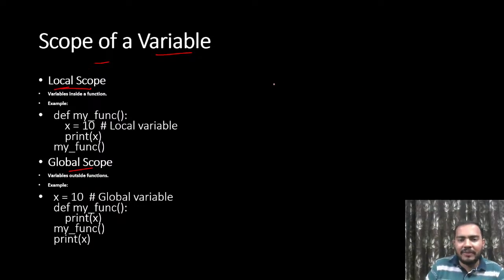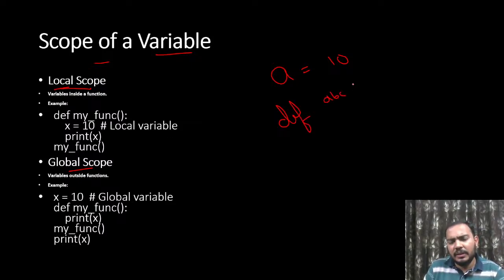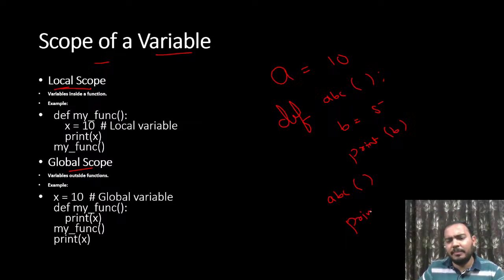What I mean to say is, if I have a program like this, a equals 10, and a function like this, def abc, where I have written b equals 5 and then print b, then I have called this abc, and I have written print a here and then print b here, there will be one issue with this program.